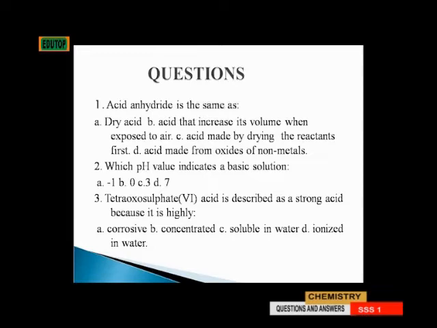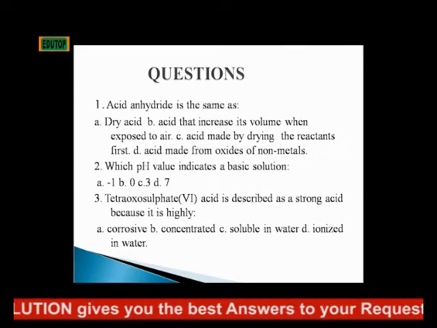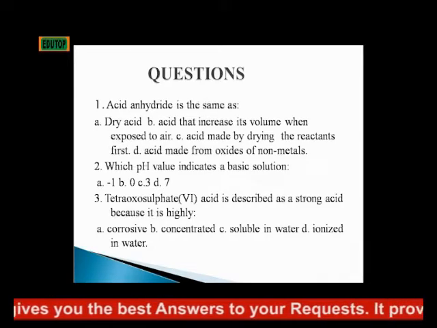Number 2, which pH value indicates a basic solution? A, -1; B, 0; C, 3; D, 7. Number 3, tetraoxosulfate(VI) acid is described as a strong acid because it is highly: A, corrosive; B, concentrated; C, soluble in water; D, ionized in water.